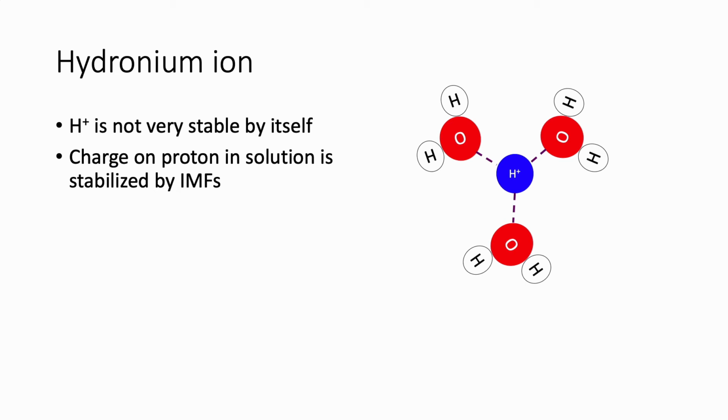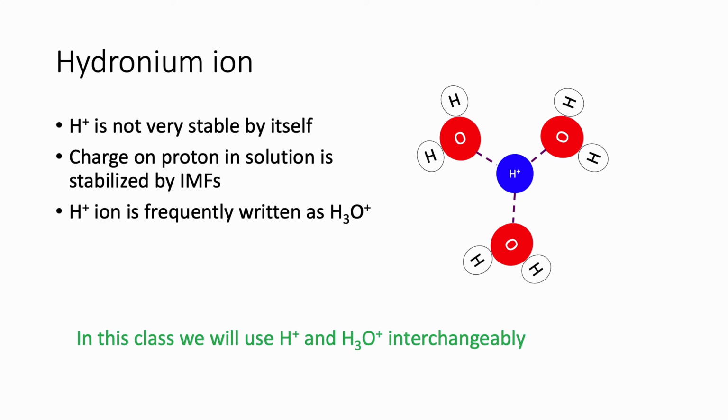In aqueous solution, that happens by the process that we call solvation, where it's kind of like sodium chloride dissociating that we talked about a couple of weeks ago, where the delta minus end of the water will rotate and stabilize the positive charge on the hydrogen ion. So H3O+ makes it sound like that hydrogen ion is bonded to a water, but in reality, that hydrogen ion is actually surrounded by multiple water molecules. So H3O+ is a little bit misleading.